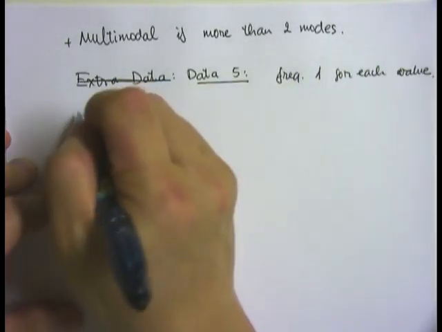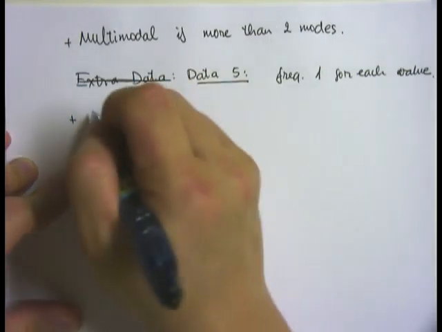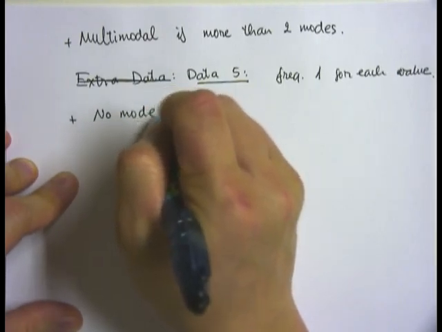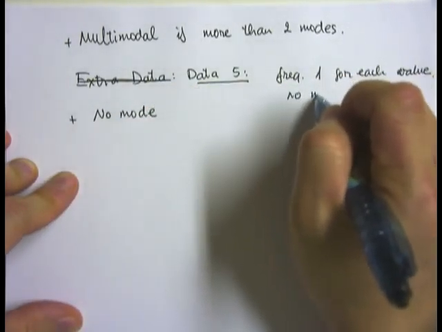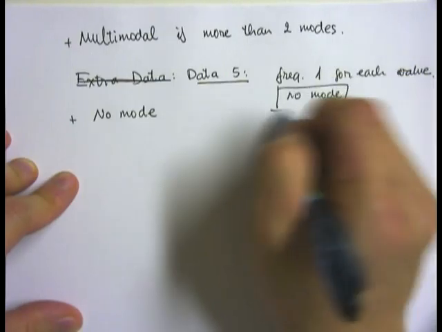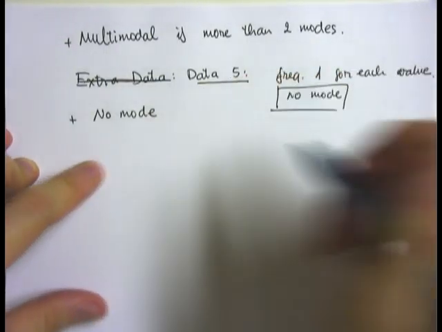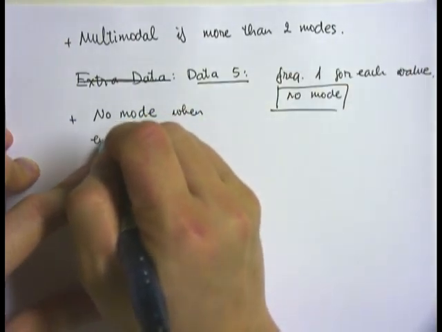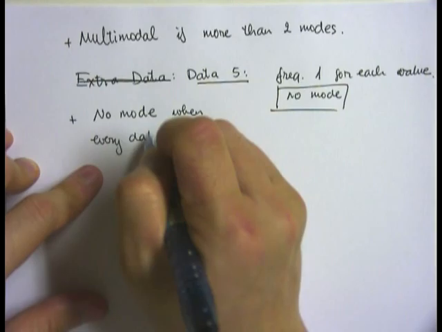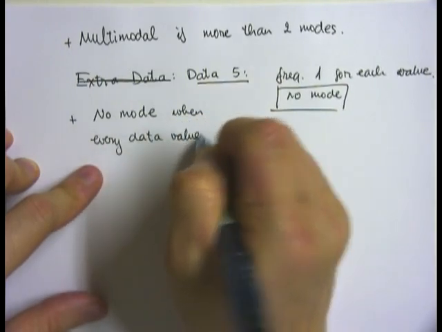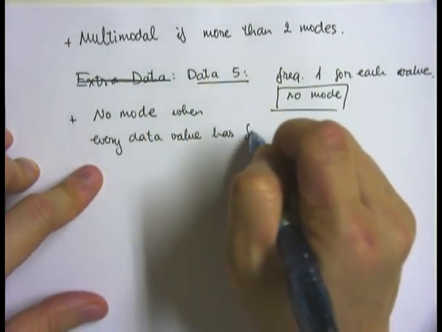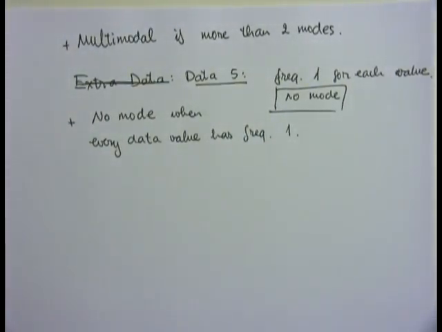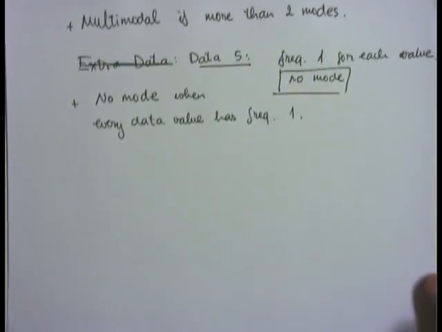What are we calling data set 5? We call this the case of no mode. There's no mode for data set 5. As a generalization, there is no mode when every data value has frequency 1. And that is all the idea with finding the mode for a data set.